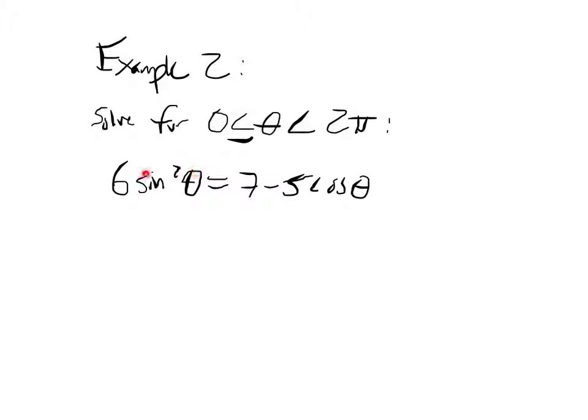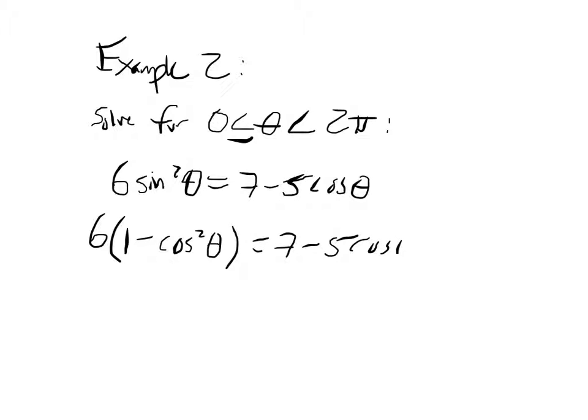And the easiest way would be to consider sine squared from our Pythagorean identity. Sine squared plus cosine squared equals 1. So if I want to replace sine squared with what it's equal to with cosine squared, I can get the whole equation in terms of cosine squared. So the first thing I'm going to do is 6 times 1 minus cosine squared theta equals 7 minus 5 cosine theta.